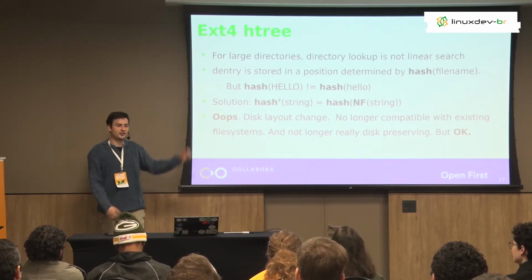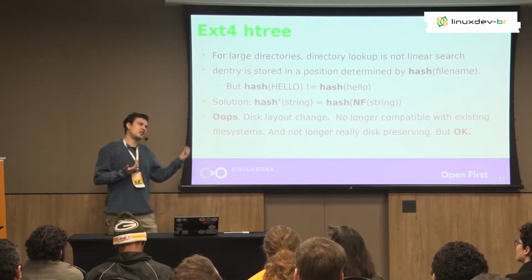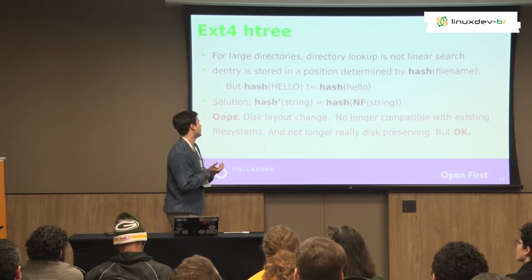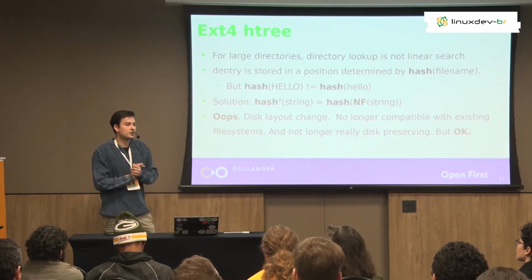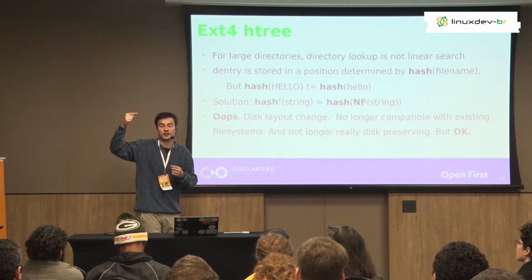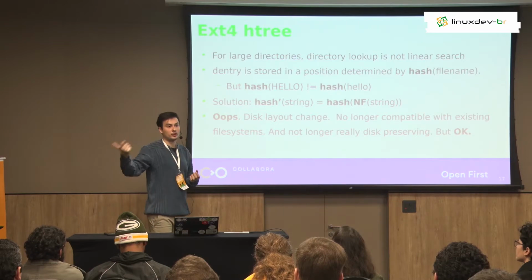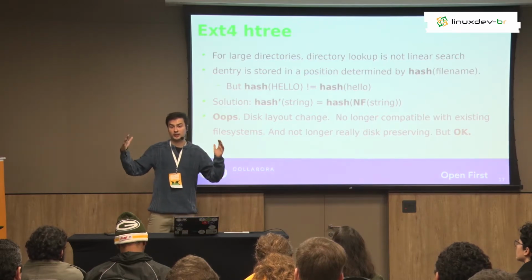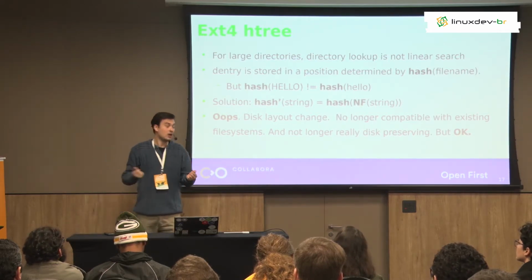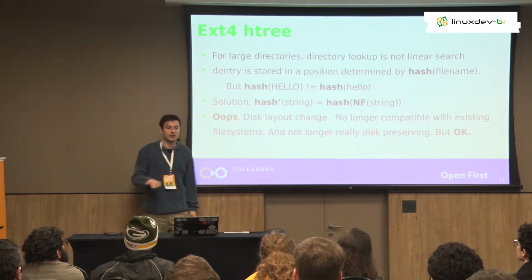So Ext4 has this very cool feature for very large directories, but it's actually enabled for directories of over a few files, which is it doesn't perform a linear search on the directory entries, comparing one by one. It calculates the hash of the file name, and it performs a lookup, and the directory entry list becomes a lookup table. But the hash of hello in uppercase and the hash of hello in lowercase are not the same.